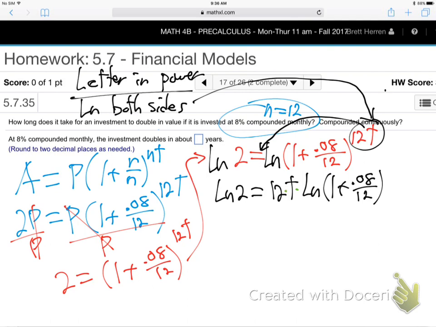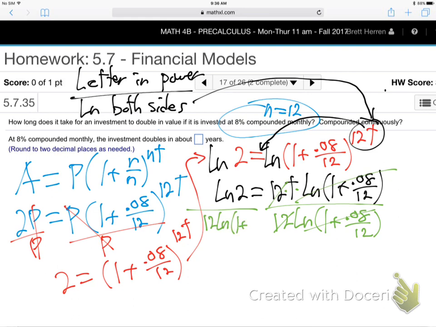So we just divide all that stuff, in one fell swoop. Just divide by the 12 and the ln of stuff, and it's just all gone. And whatever you do to one side, you have no choice but to do the same thing to the other. Is that good? So I divided both sides by 12 ln of 1 plus 0.08 over 12.